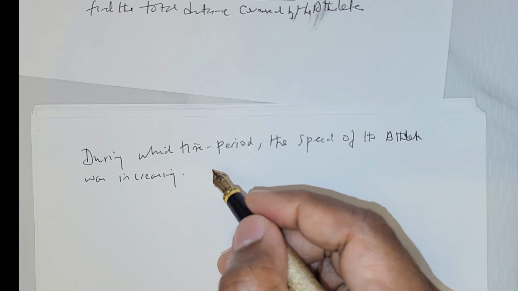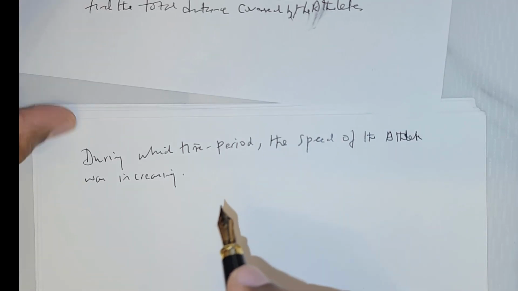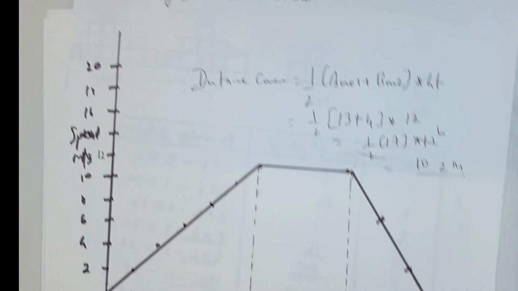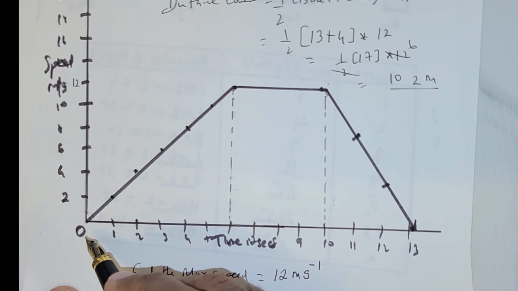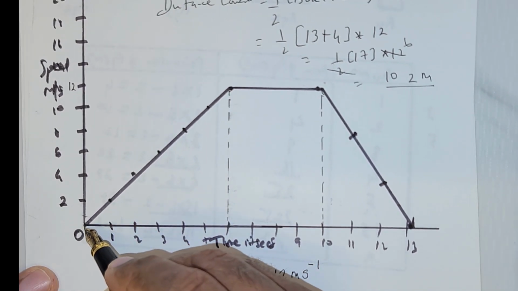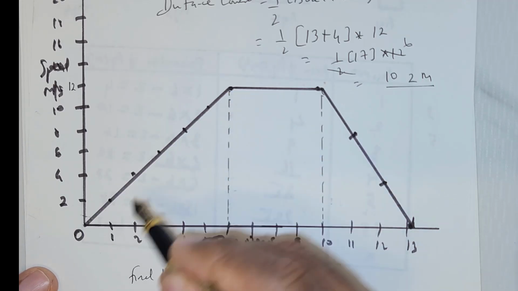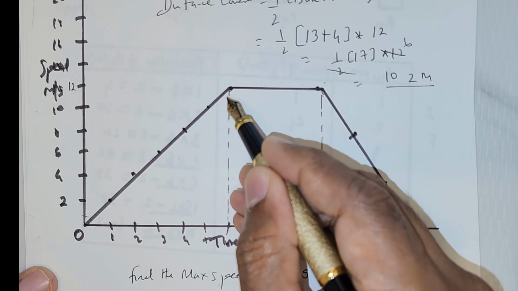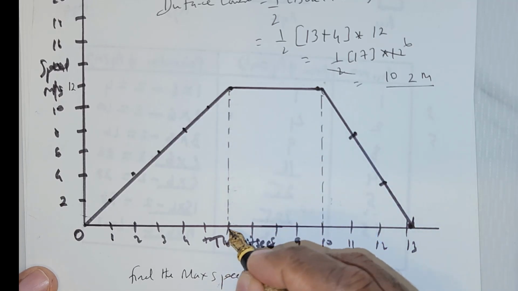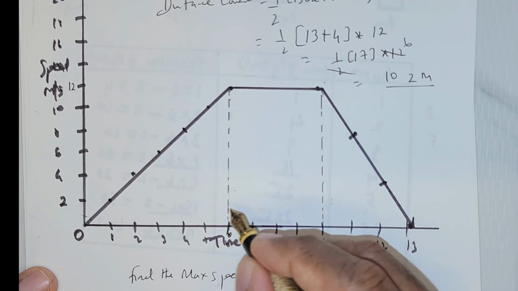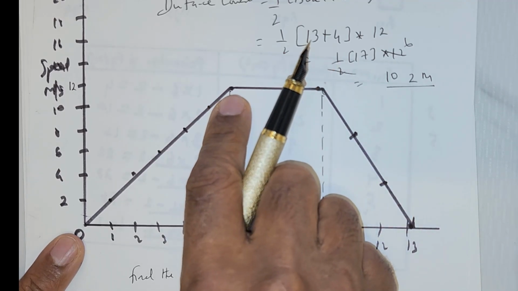Okay, so you go over here and look at the graph. Now this indicates increase in speed. It starts at 0 and it goes all the way to t is equal to 6 seconds. This is 6. Okay, so this is the period in which the speed was increasing.